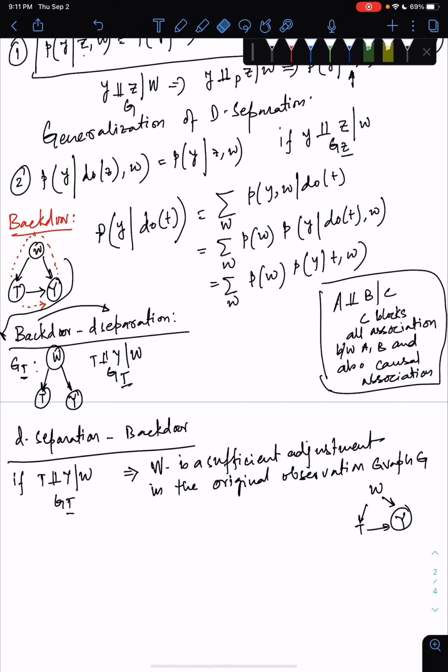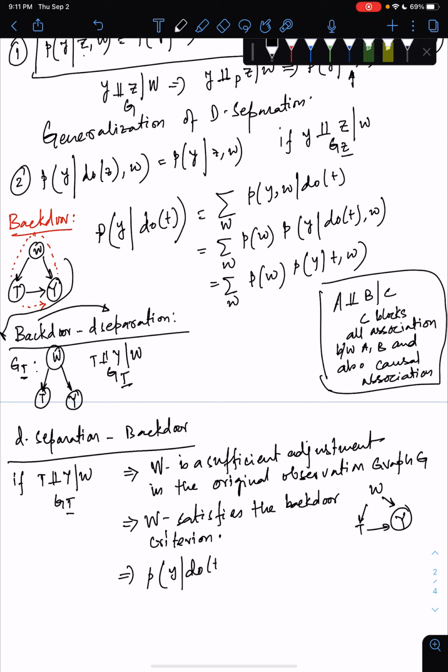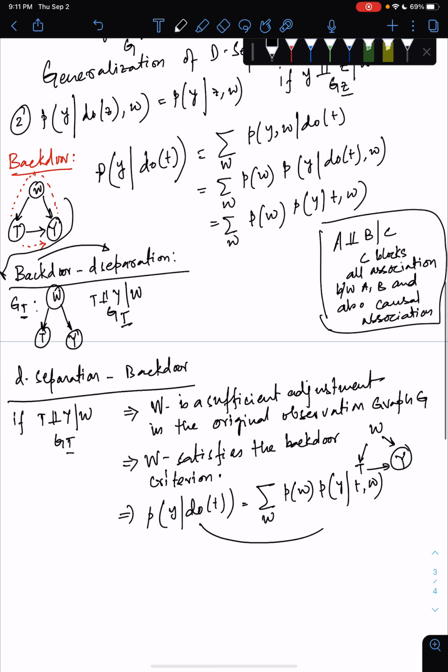We can also say that this W satisfies the backdoor criterion, because it is able to block the spurious association between T and Y. Then we can write: the probability of Y given do T is equal to the summation over W of the probability of Y given T and W, times the probability of W. We can remove this do operation.